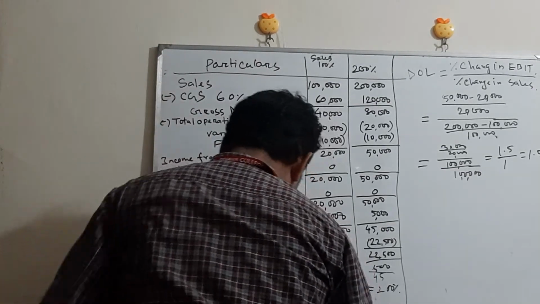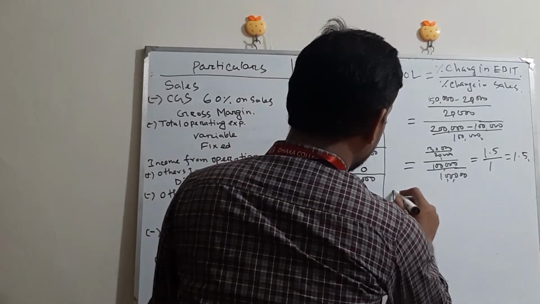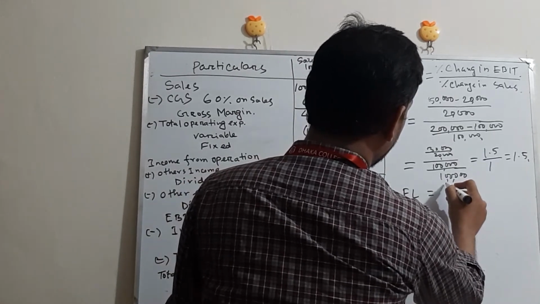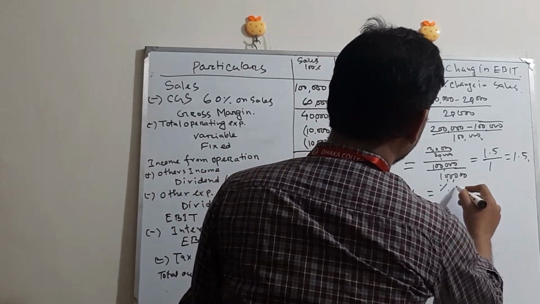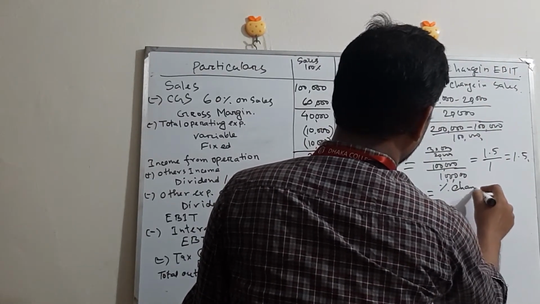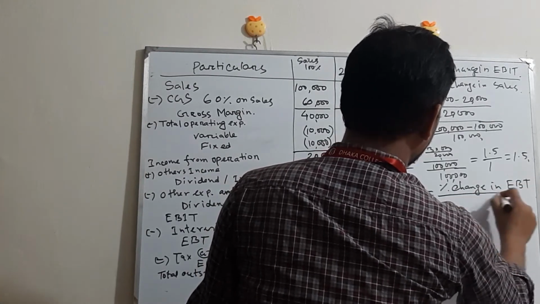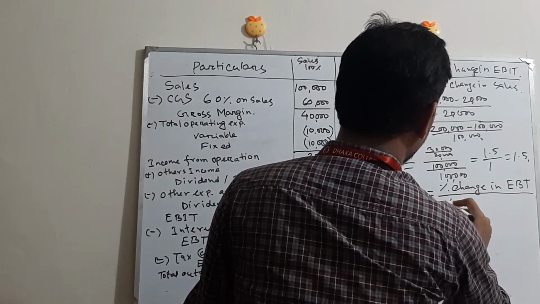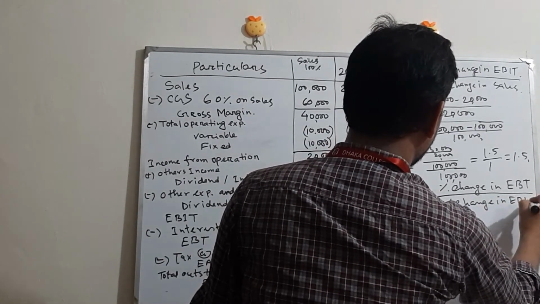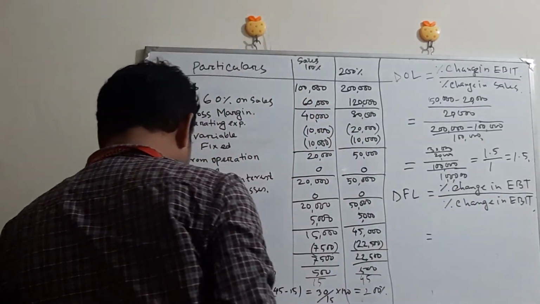Okay, degree of financial leverage. We can say it is percent change in EBT, earning before tax, divided by percent change in EBIT.